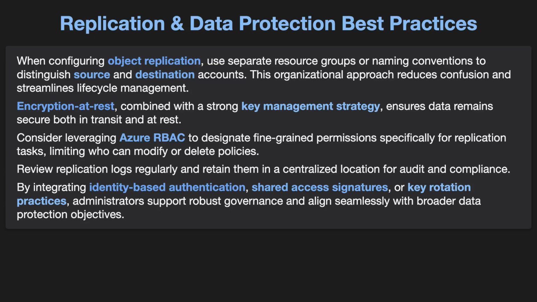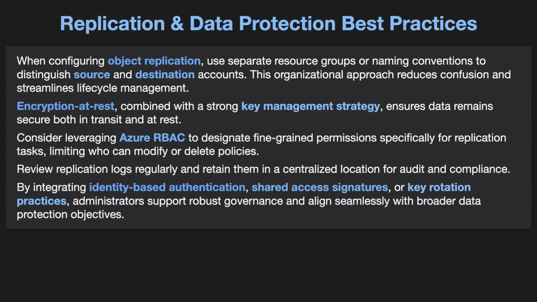When configuring object replication, use separate resource groups or naming conventions to distinguish source and destination accounts. This organizational approach reduces confusion and streamlines lifecycle management. Encryption at rest, combined with a strong key management strategy, ensures data remains secure both in transit and at rest.